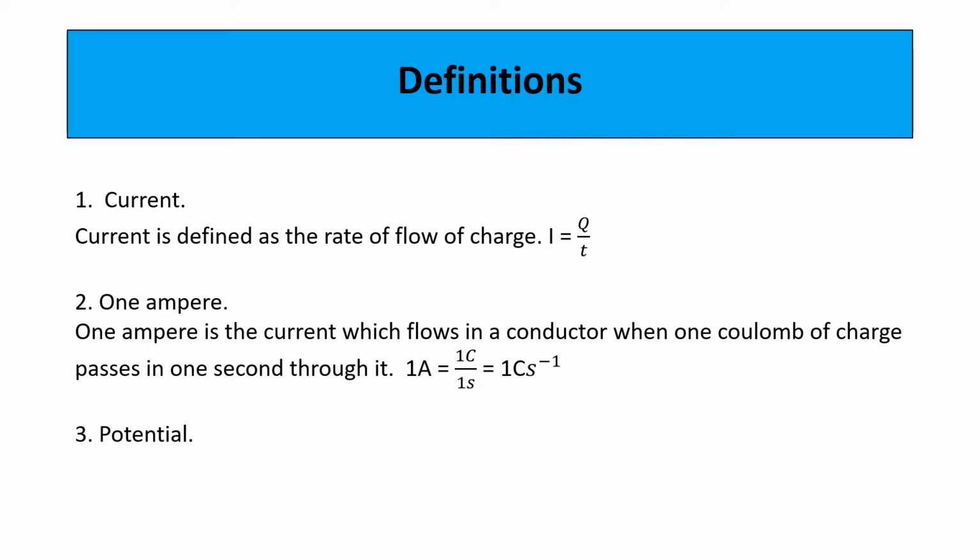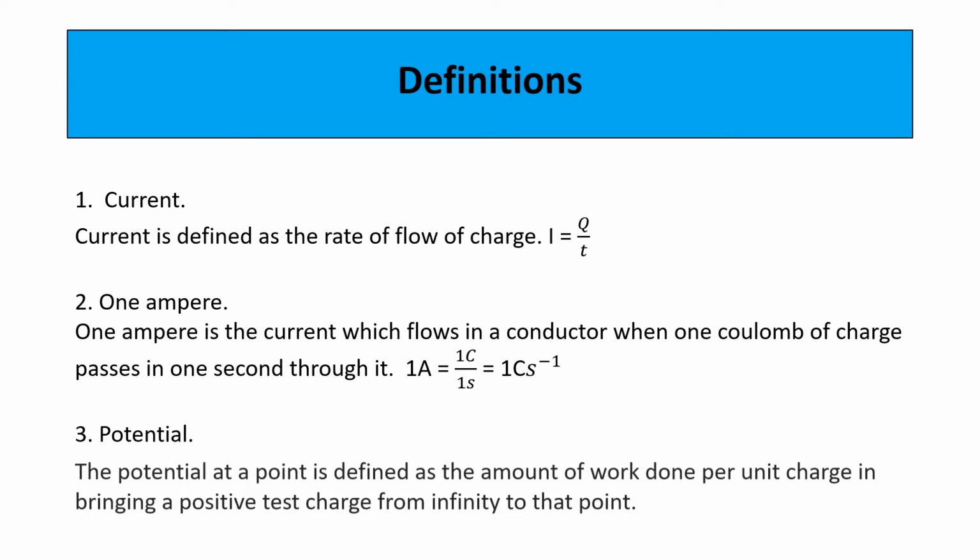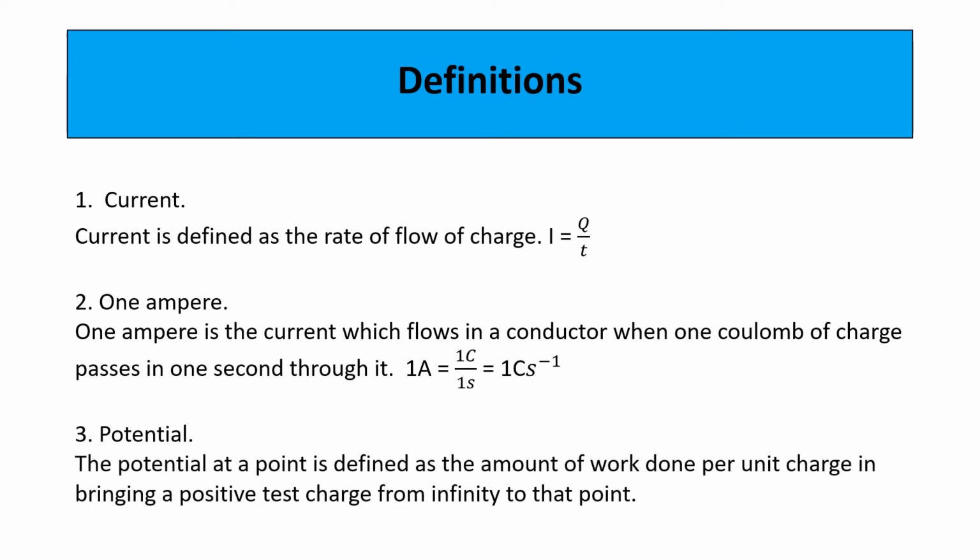Define potential. How do you define potential? Potential at a point is defined as the amount of work done per unit charge in bringing a positive test charge from infinity to that point. Please watch video part 2 for better understanding of this potential definition.